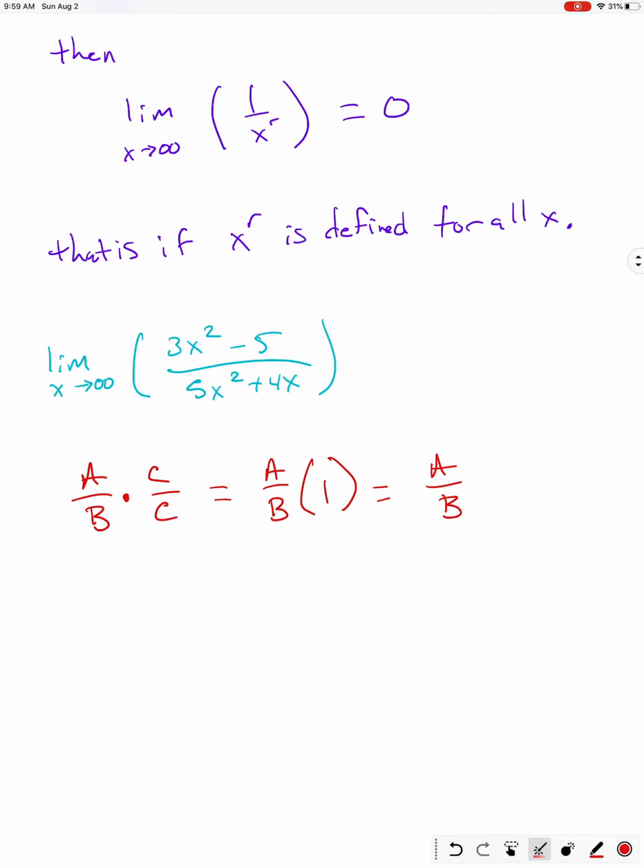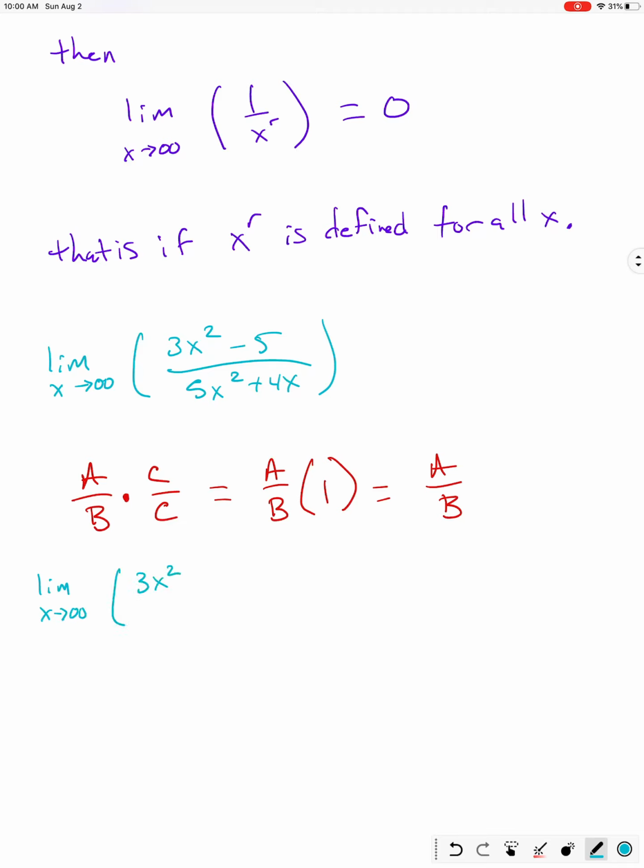And our books suggest that we pick the biggest power in the denominator, so in this case, x squared. Sometimes, under certain circumstances, you want to pick a different number, but in this case we will pick the x squared.